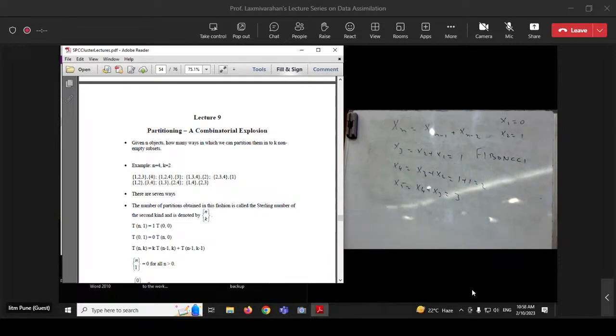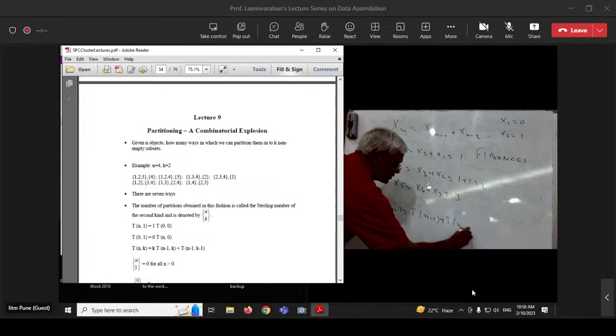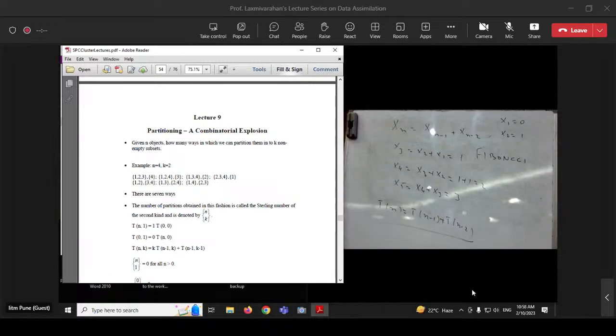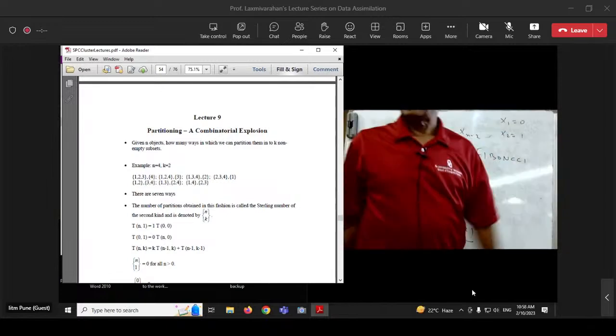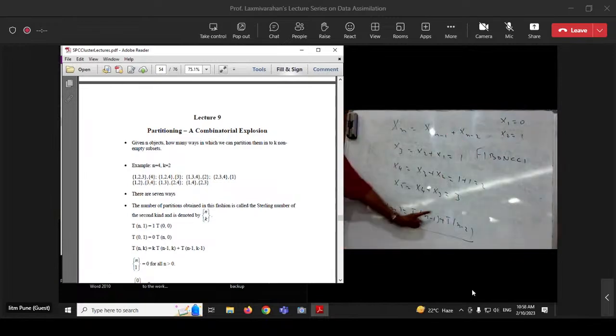I'm just giving an idea. How can I rewrite this another way? T(n) is equal to T(n-1) plus T(n-2). Here there is only one parameter, but in the other case there are 2 parameters, n and k. Just like this, T(n) can be expressed as a recurrence relation. Recurrence relation means I'm trying to define T(n) in terms of itself.